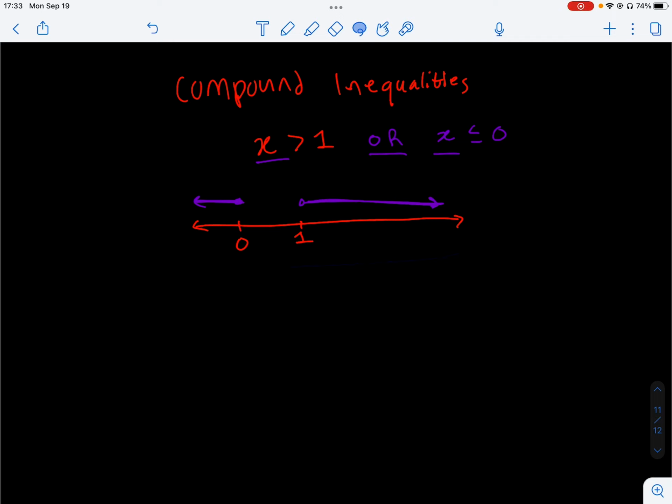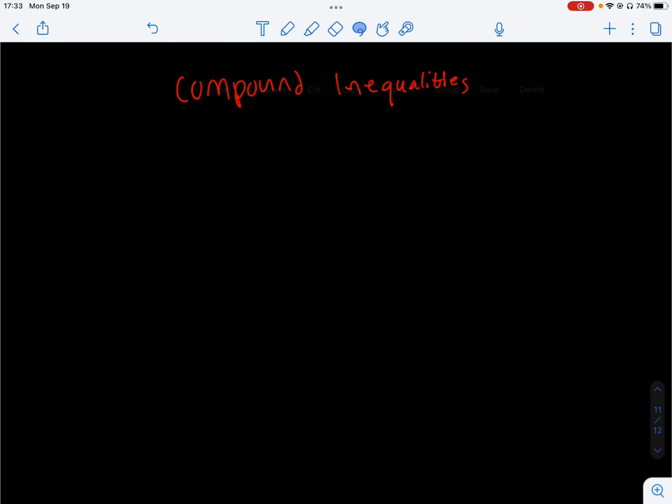All right. Now, when it comes to solving something like this, you almost always see both inequalities joined by the word or. For instance, if I were to write 2x plus 4 equals 8, I'm going to change that from equals to, let's say, greater than. And then I have negative 2x plus 4 is greater than 8.